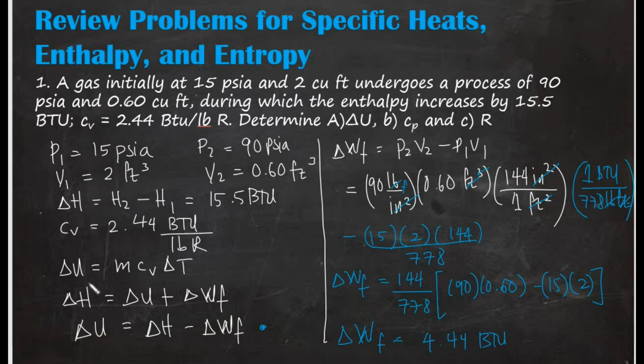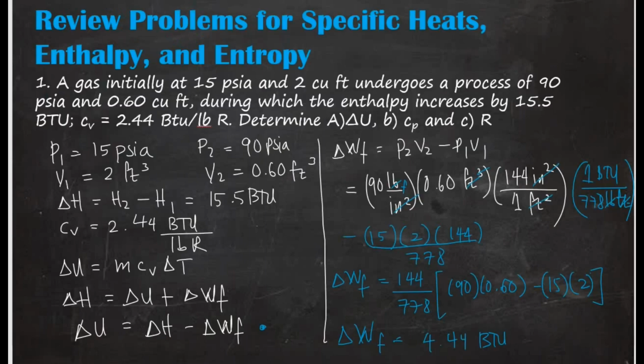Okay, we can now go to this formula on our next page. Delta U is equal to delta H minus delta WF, the change in flow work. Delta H is equal to 15.5 BTU minus 4.44. Let's check the given.